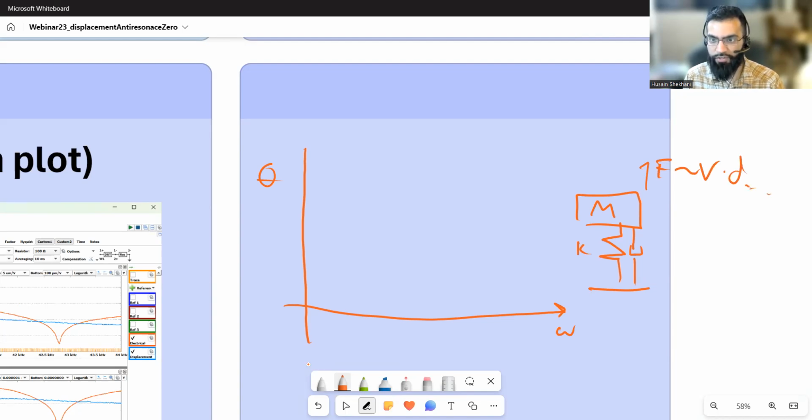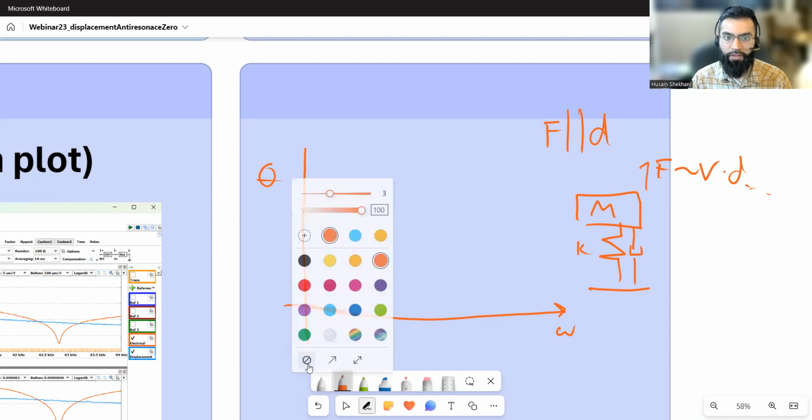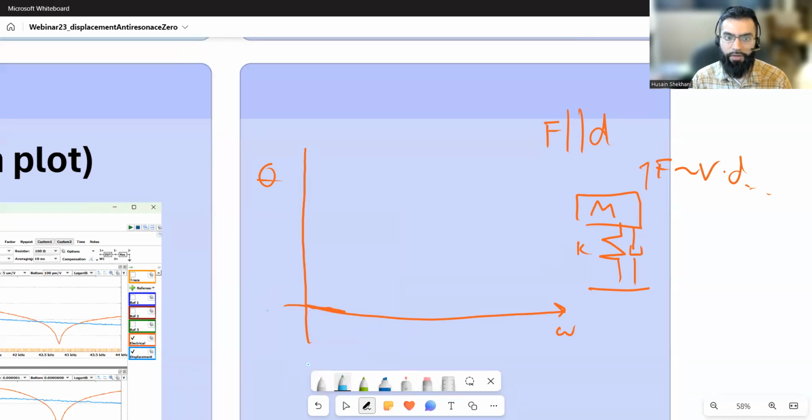At low frequency the forcing function is in phase with the displacement. Like if I'm pushing a block very slowly up and down, everything's going to be in phase.